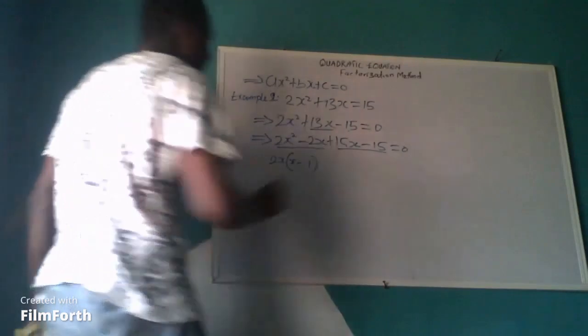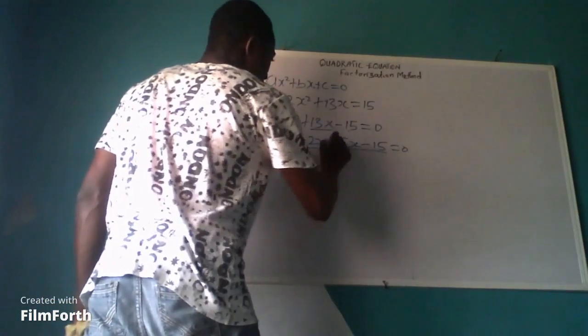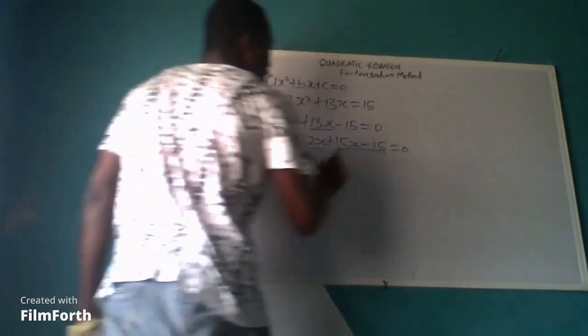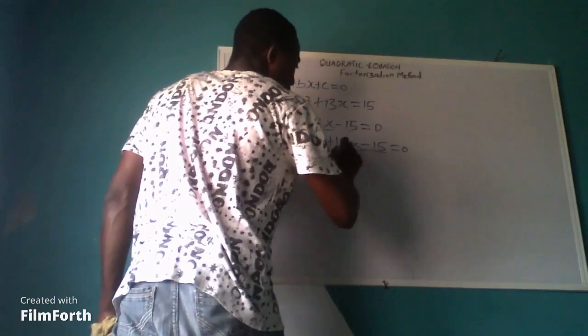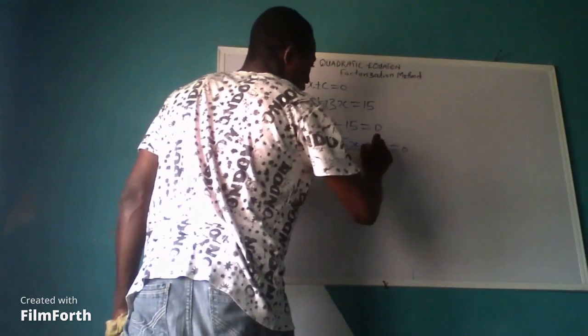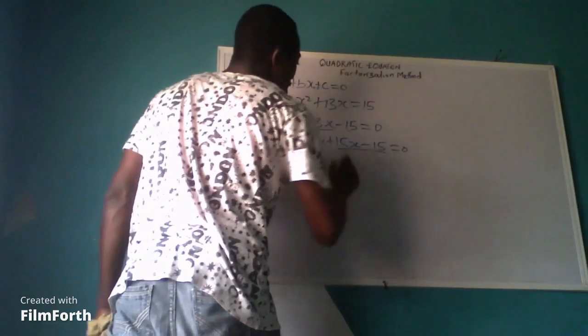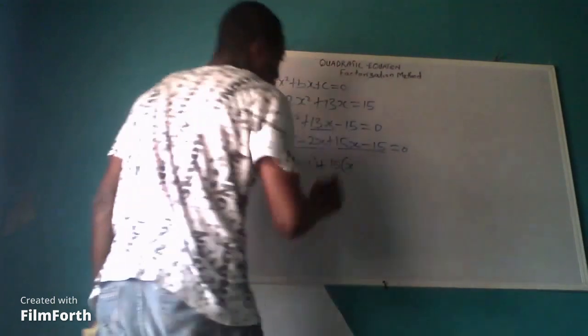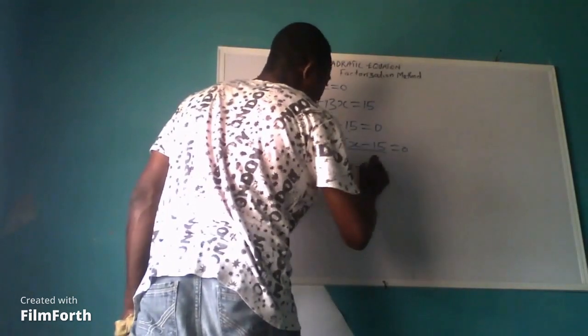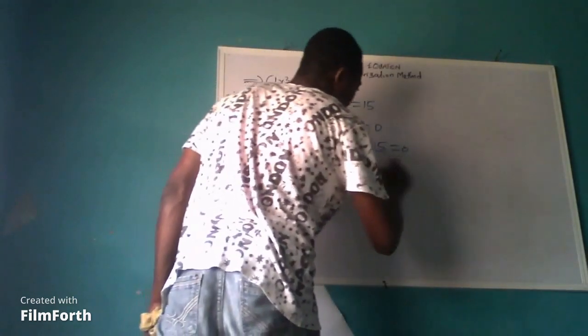Close bracket. Now, since we have a plus sign here, put a plus sign. Then look at the common factor between 15x and minus 15. That is 15. Open bracket. 15 in 15x, x. 15 in minus 15, that is minus 1. Close bracket, equal to 0.